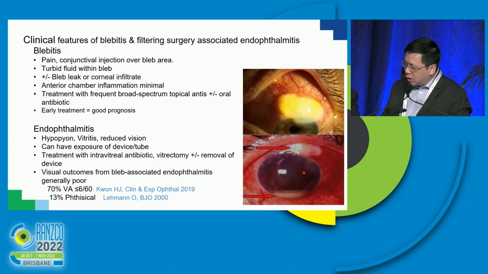The general outcome of bleb-related endophthalmitis is quite poor, and previous studies showed the visual outcomes are not very optimal, and there are not a lot of previous studies looking at how quickly treatment affects visual prognosis.